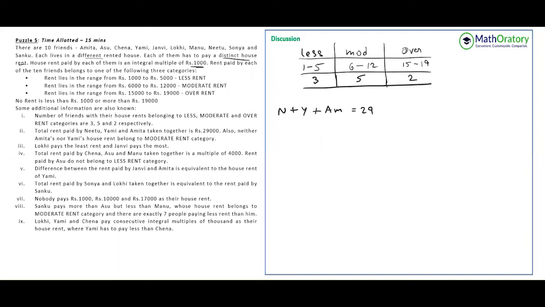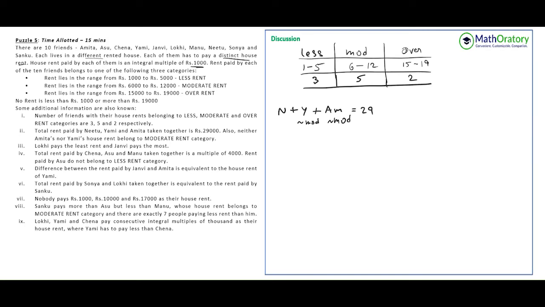So this is one piece of information. Also, neither Amita nor Yummy's house rent belongs to the moderate rent category. So Amita is not moderate and Yummy is not moderate. Great, so we know this from the second point.